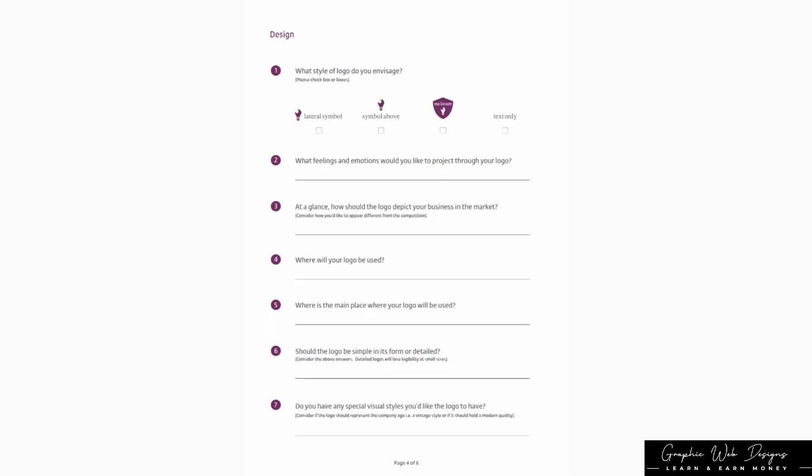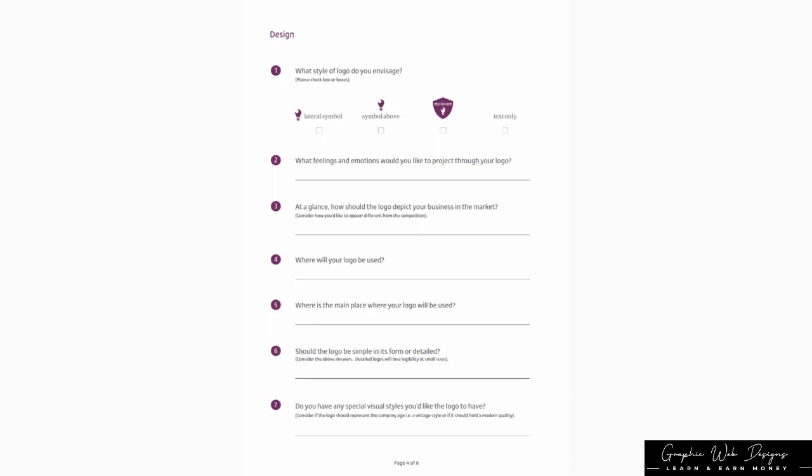Question 2 asks, what feelings and emotions would you like to project through your logo? The answer to this question will affect both the design and colours selected. Even if the client has stated the specific colours, there's still margin to adjust each to lean towards a figurative mood. And design form, most importantly, can be tailored to suit.